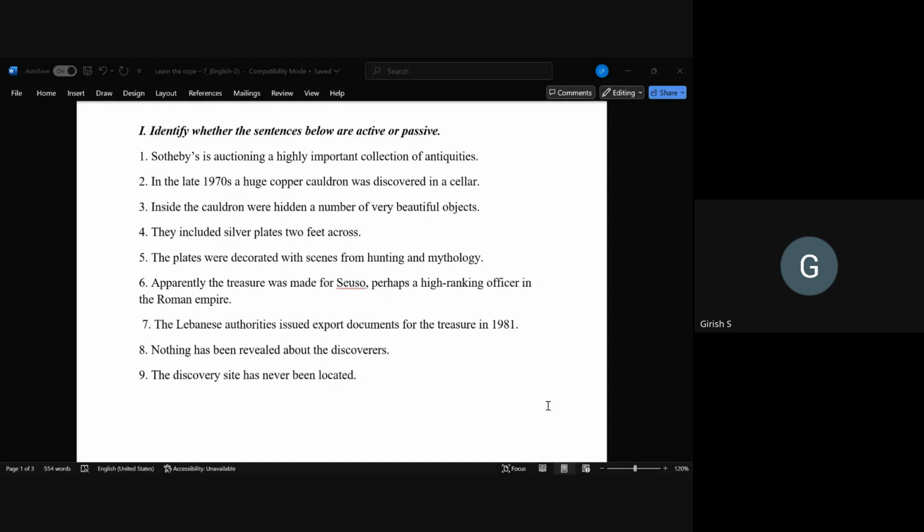Logically, the subject of the active form will become the object of the passive. We know that the subject and object get interchanged. Now, the problem with this sentence is that there is something that is not available. What is not available? The subject is not available, right?